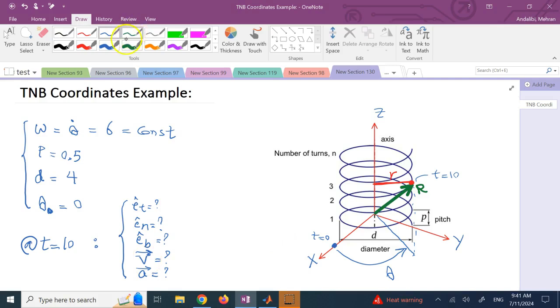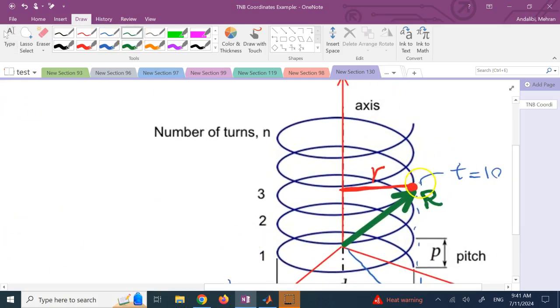So if you remember from dynamics, at that location we have et, which is tangent to the curve like that, and then we have en, which is toward the center of the curve like that. And then et cross en, which is probably something like this, is your e binormal.